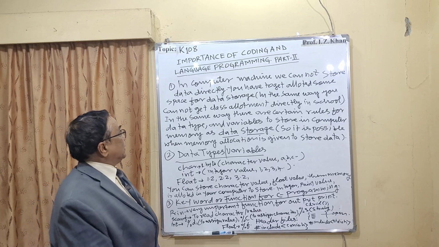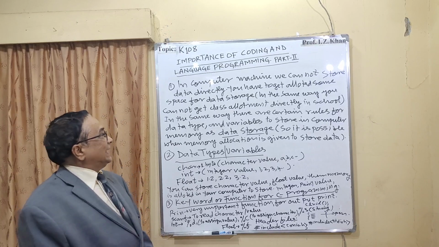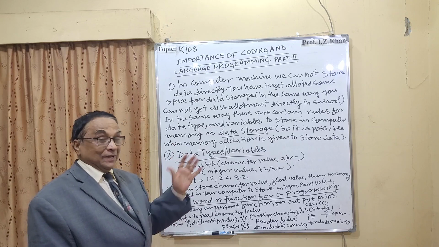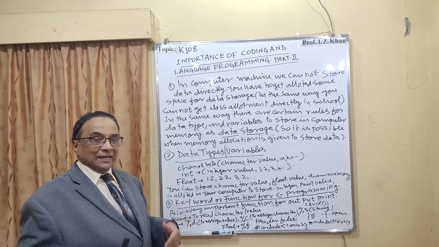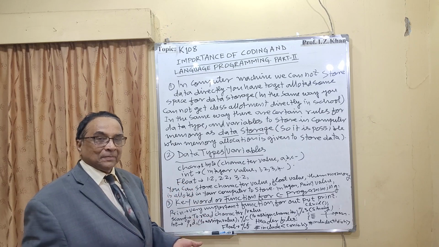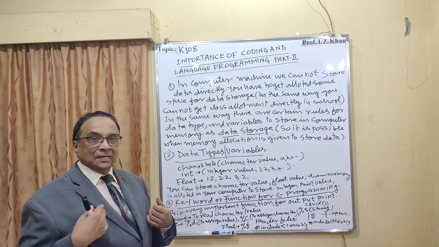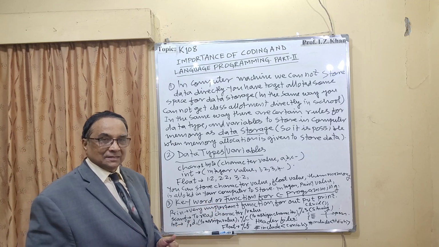As you know, in a computer machine, we cannot store data directly. I have already given you a very simple example: if you want to admit any student in any school, you cannot go and directly put him in any class.